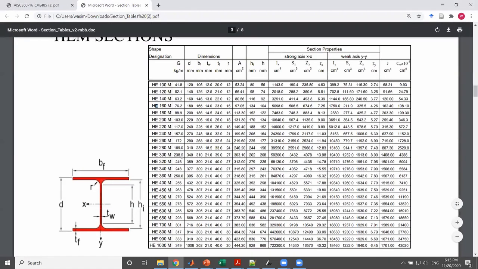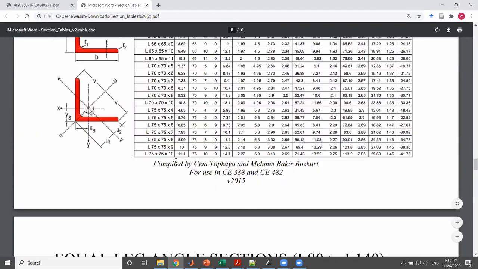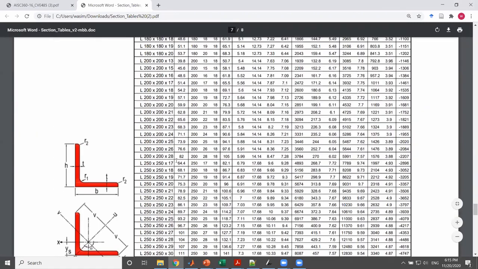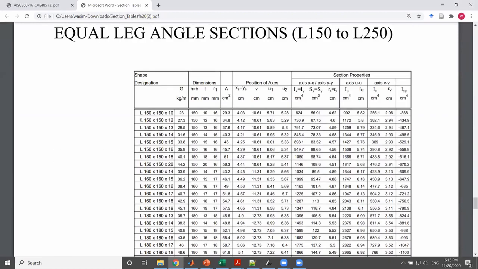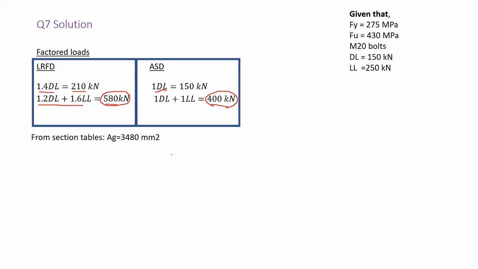If we take a look at L150 by 12, we have it over here. As we can see, we have the gross area given to us as 34.8. If you multiply it by 100, it becomes millimeters squared. So this is what we have.